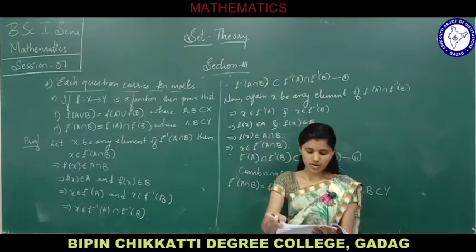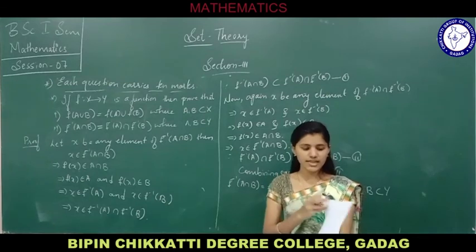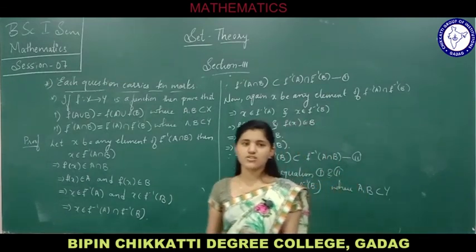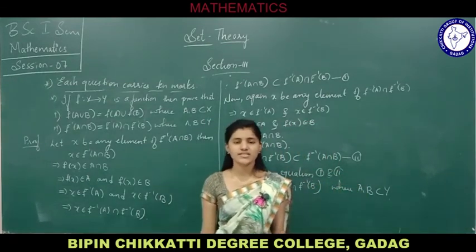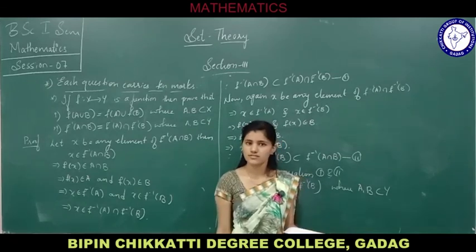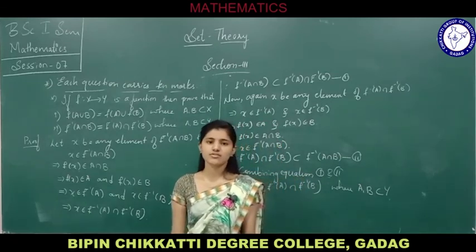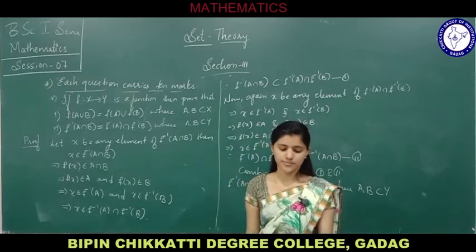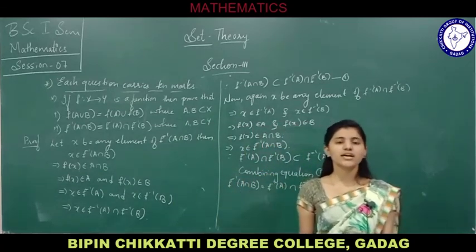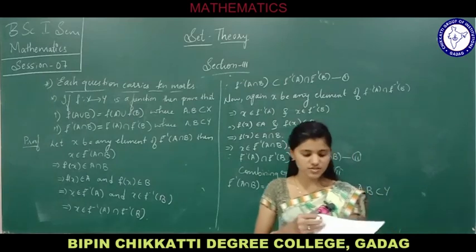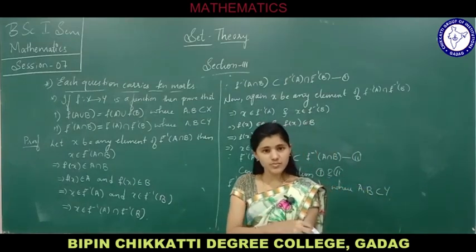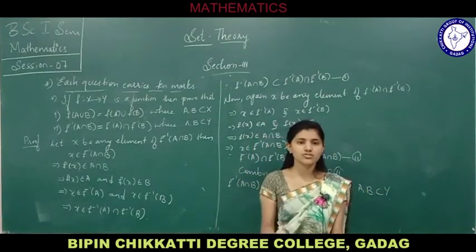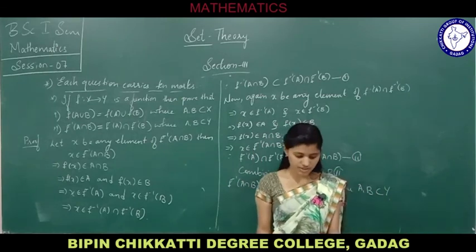Later we studied arbitrary union and arbitrary intersection of sets. Soon after that we studied generalized De Morgan's law, which carries 10 marks if both the proofs are given. Then we studied images and inverse images of a function, and types of functions: one-one, onto and bijective functions.